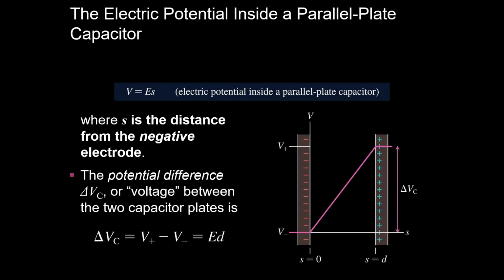So the electric potential starts off at a value on the negative plate, and it increases to a final positive maximum value on the positive plate. This is in contrast to the electric field. The electric field is constant throughout the space in between the plates. The electric potential is increasing from negative to positive.